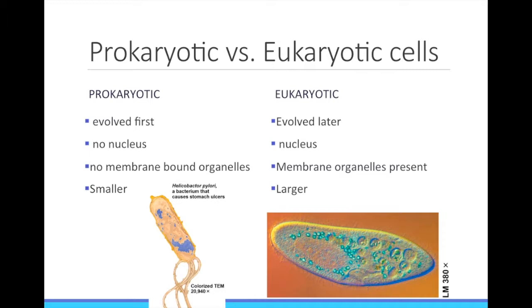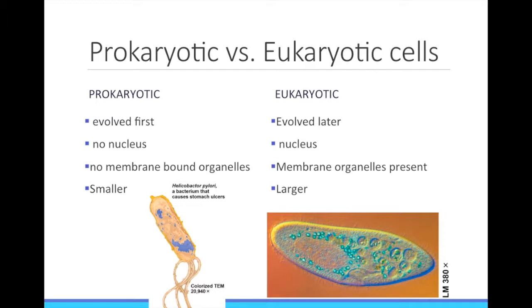The prefix pro means before, and karyo means nucleus. So prokaryotic means before nucleus. The prefix eu, E-U, means true. So eukaryote means true nucleus. This shows one of the main differences between these types of cells.